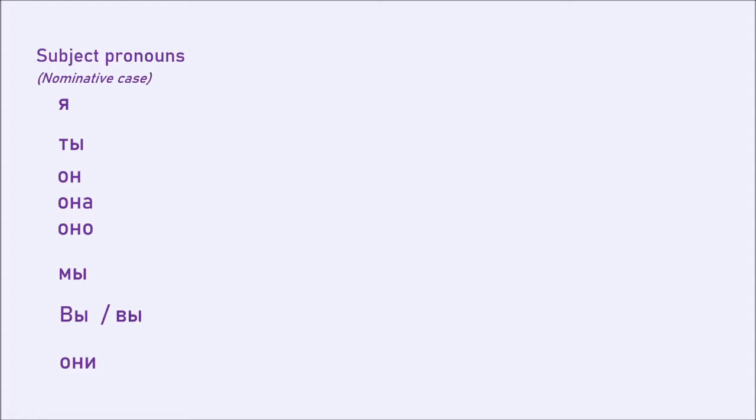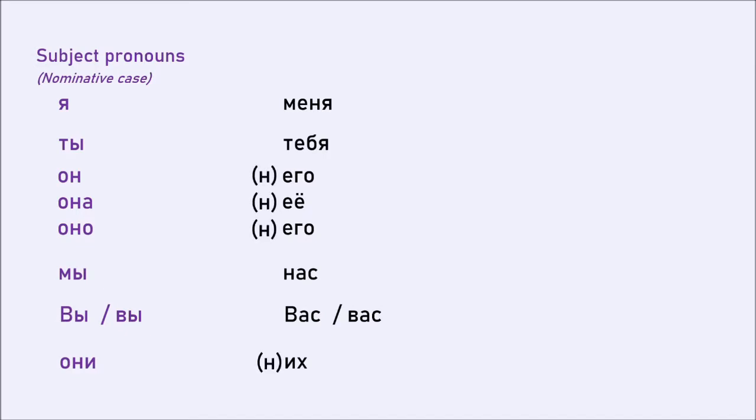So if I want to say "I am doing something", then I will be in the nominative case because I am the subject. Now take a look at this list of words. Hopefully you recognize it from lesson 19 where we looked at the verbs to be and to have. And in order to say "I have" in Russian, we need to use the construction у меня, and then у тебя, у него, and so on.